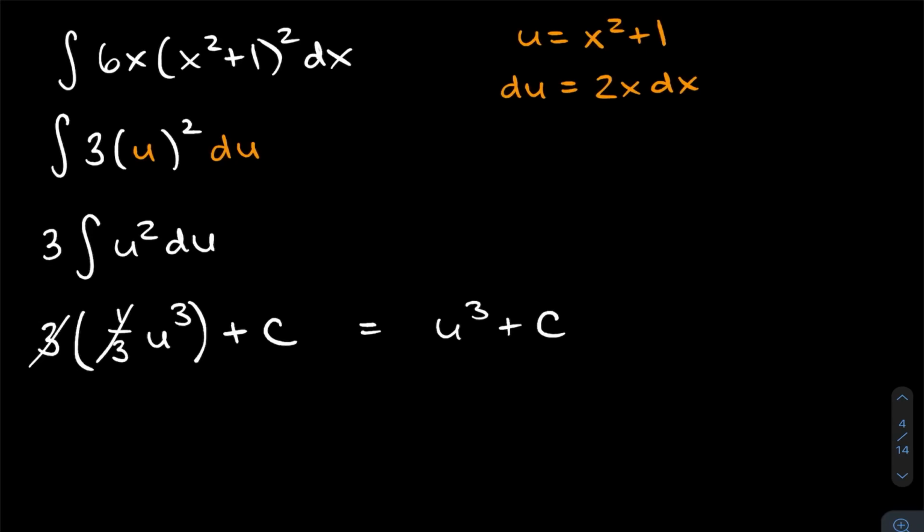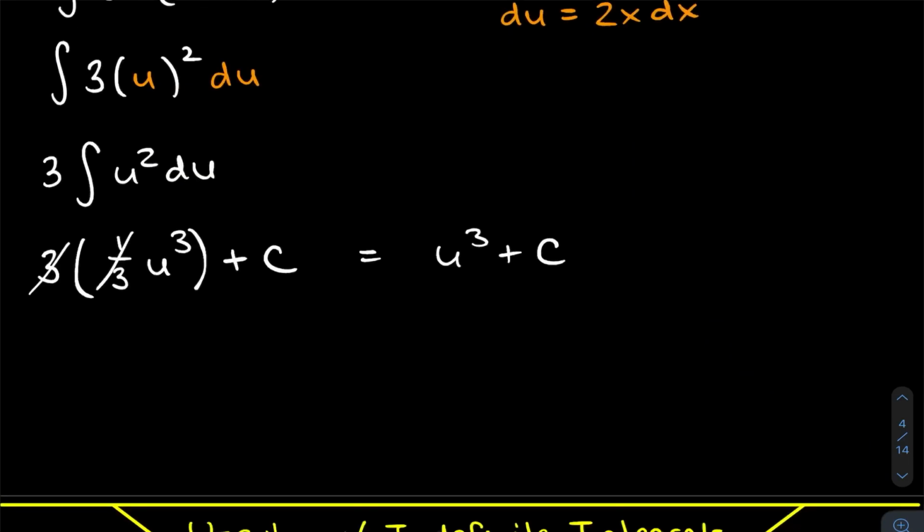Now, here's a mistake that people make, so listen closely. People leave this as u cubed plus c, and they'll say, that's my answer. No, it's not, okay? Because what were the variables in our original integral? They were x's, right? And so you need to have your answer in x's. It just makes sense, right? You don't want to say, here's what it is, but I'm going to use a completely different variable.